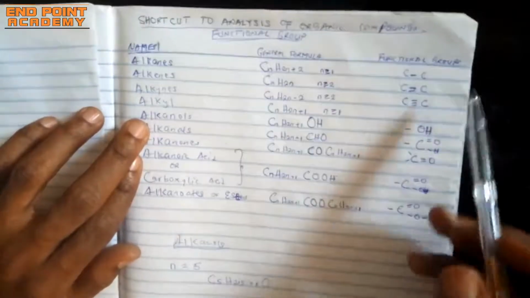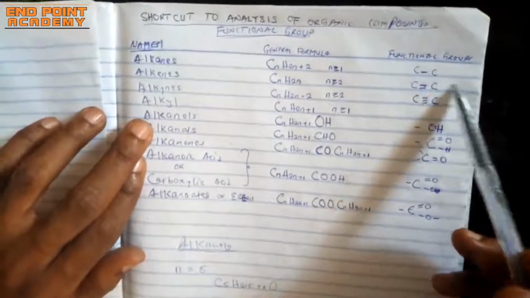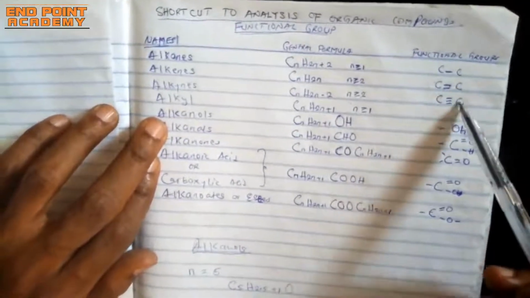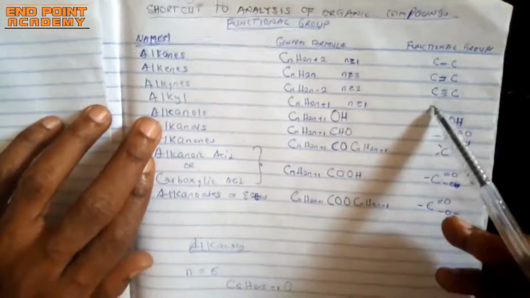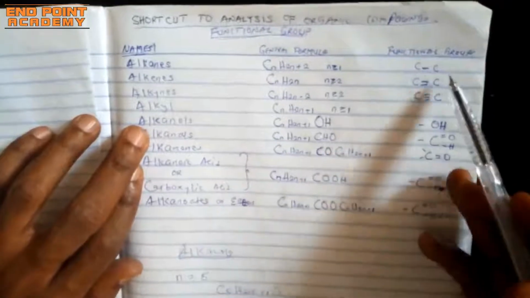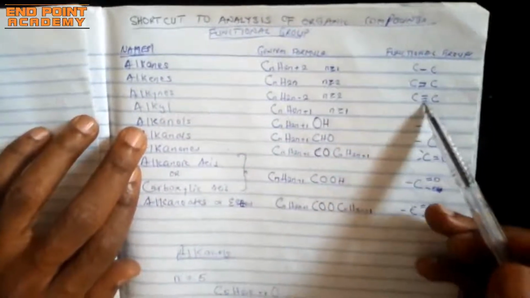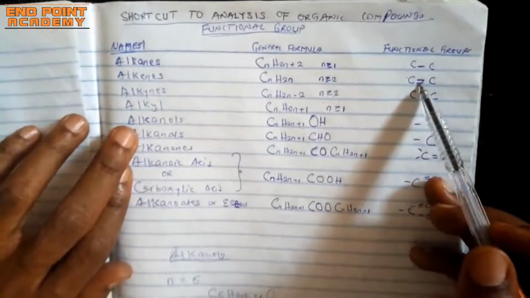Now, you may be asked, among alkanes, alkenes and alkynes, which of these is more acidic in nature? Always know that acidity increases as the number of bonds also increases. It means that the triple bond alkyne is more acidic than the double bond alkene.